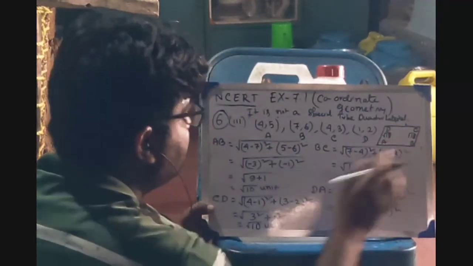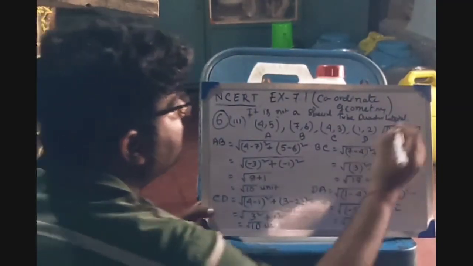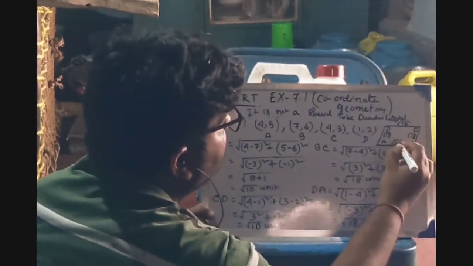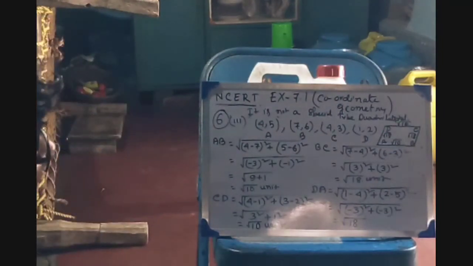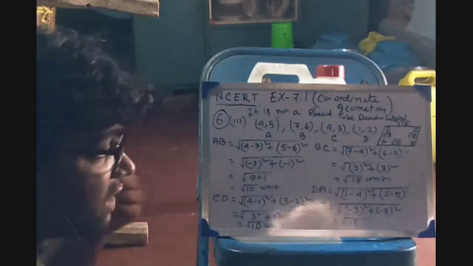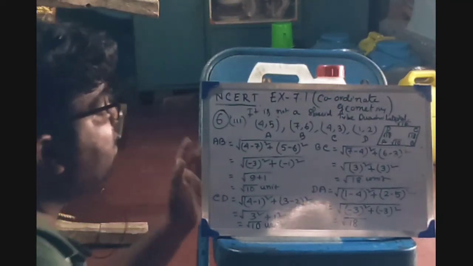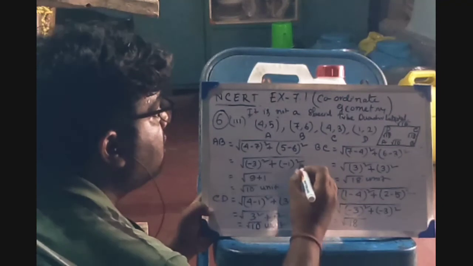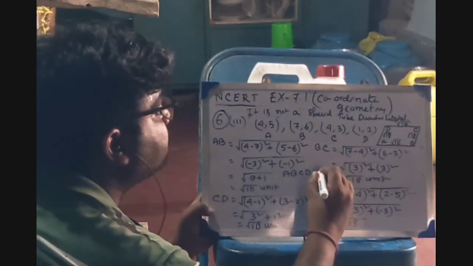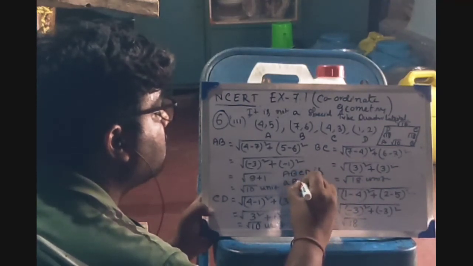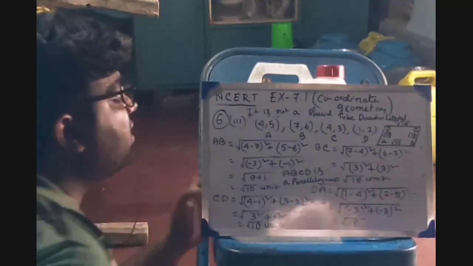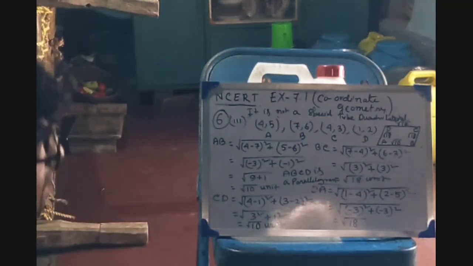And AB and DC will be root 10 unit. So obviously we can see that in this quadrilateral the opposite sides are equal. So it is a parallelogram. So ABCD is a parallelogram. Hope you are able to understand it.